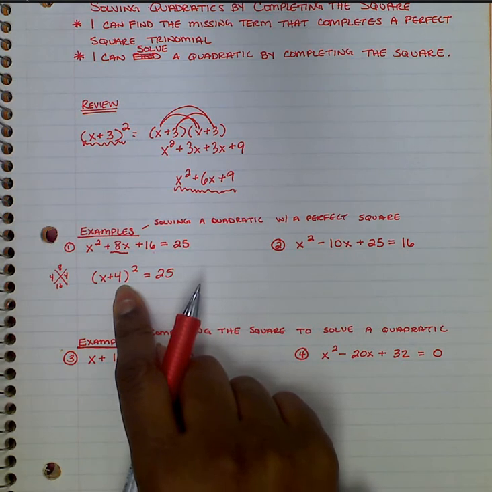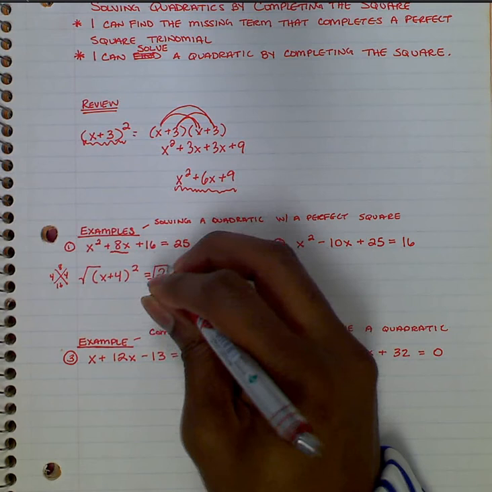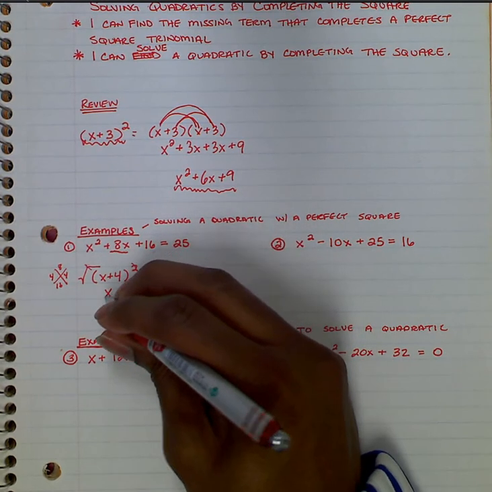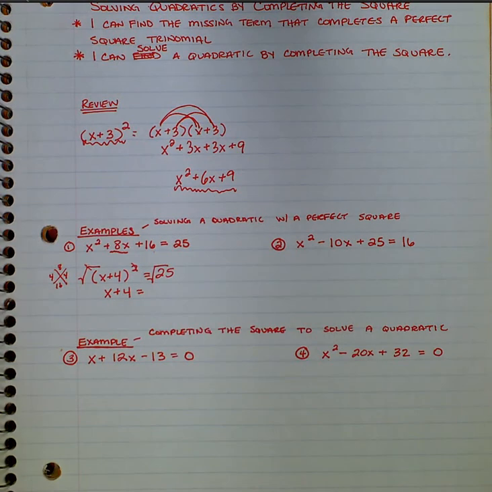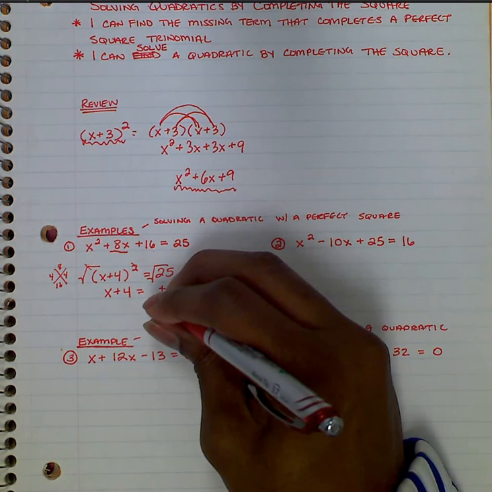Having rewritten the left side this way, it allows us to take the square root of it, because the square root of (x + 4) squared is x + 4. It cancels this out. So x plus 4 now equals, don't say 5, plus or minus 5.